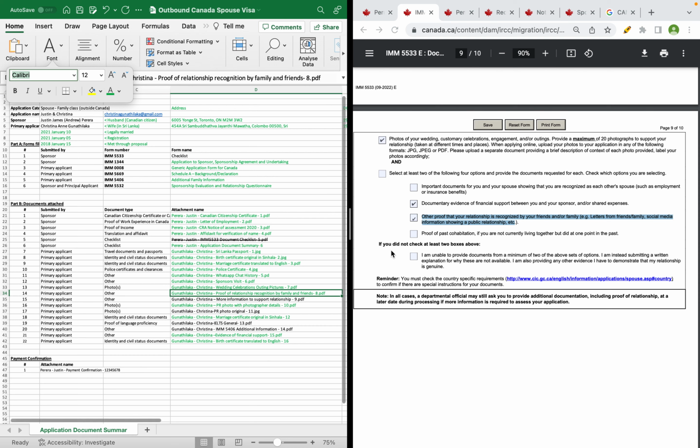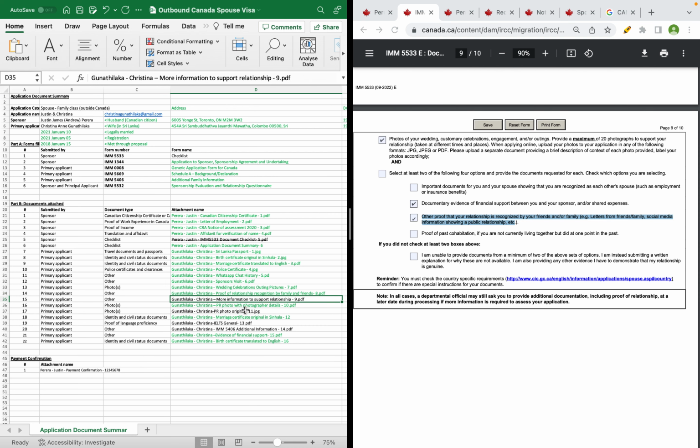Okay, moving on, that leaves us with these unhighlighted items.